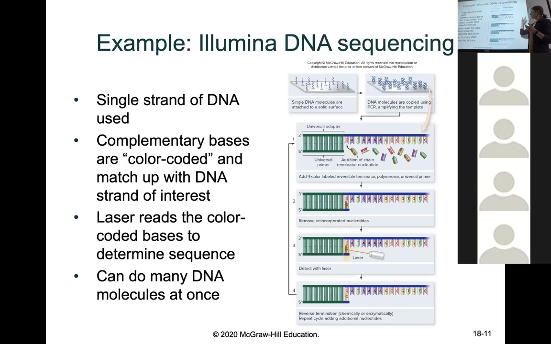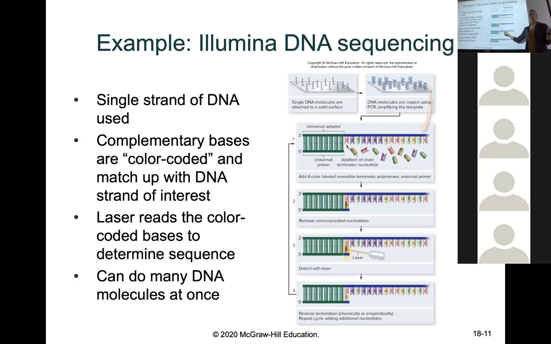So you can determine the sequence of bases just by cutting DNA in half, adding in nucleotides, and then they read that with a laser. They color code these nucleotides, so A is a certain color, C is a certain color, etc. Then they essentially read those bases that they added using a laser and see what the pattern is.